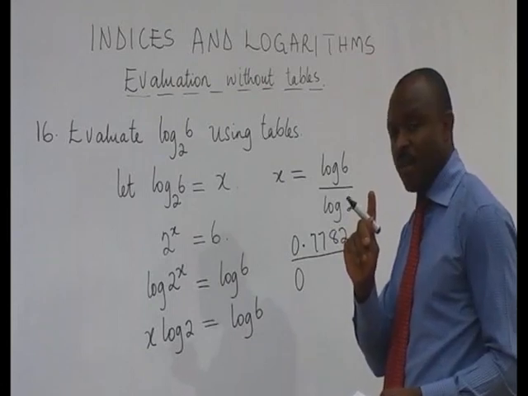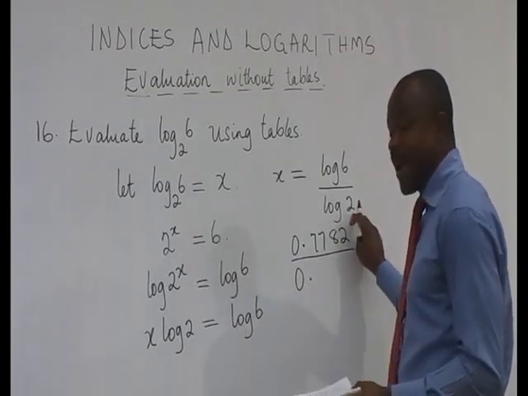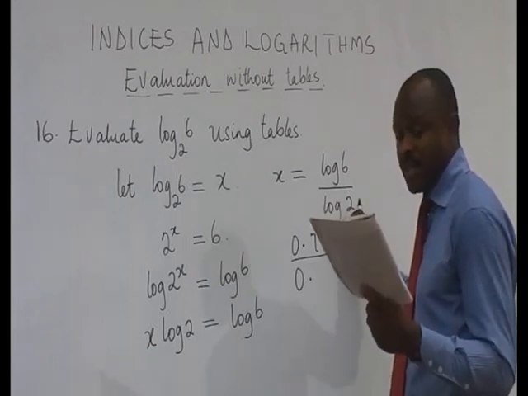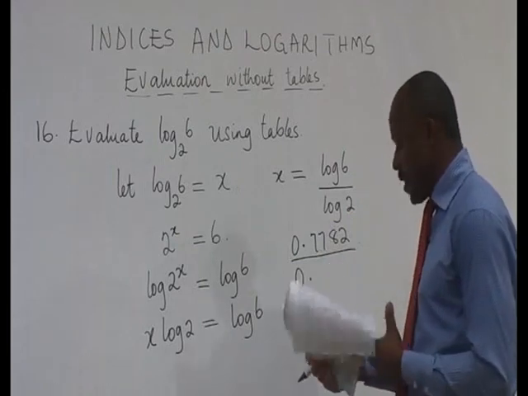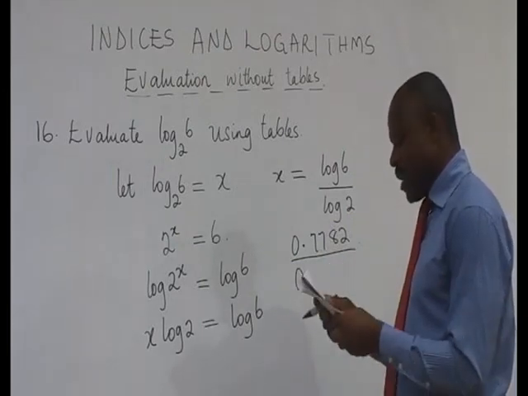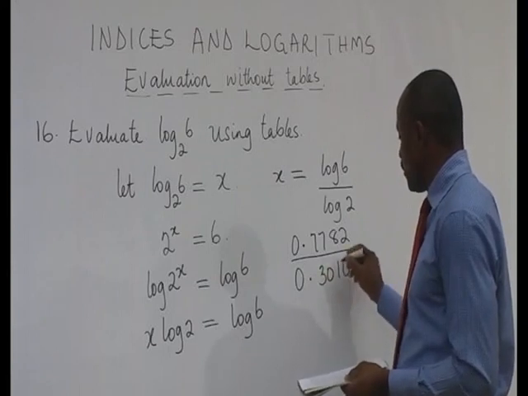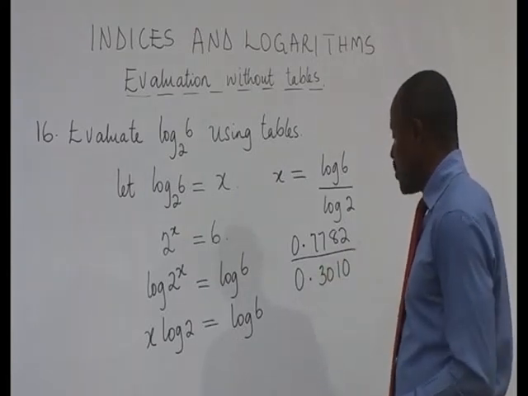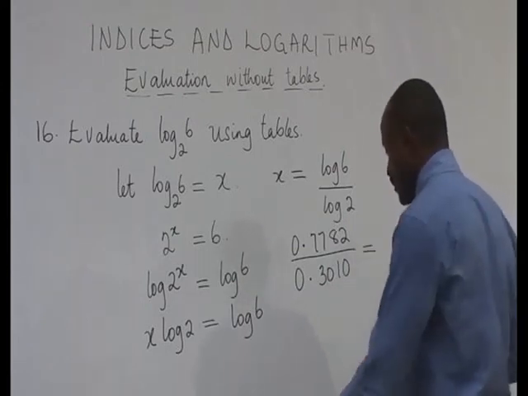So whatever you get from the logarithm will be 0 point something. You cannot find 2 in the log table, but you can find 20. So find 20 under 0. 20 under 0 is giving me 3010.